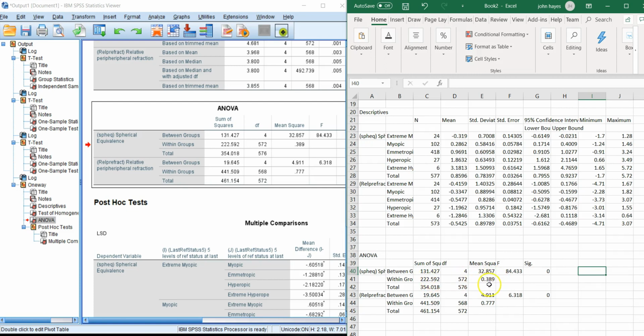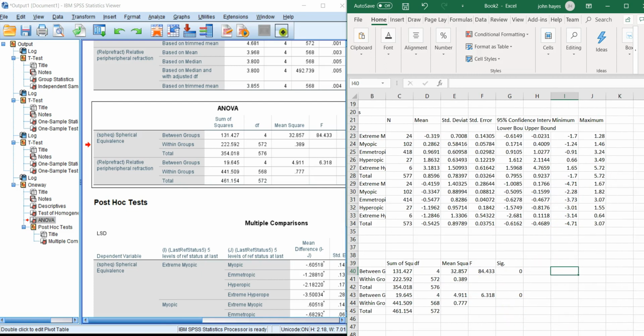The mean square error term is the within group variance. Since that's the variance, and variance is equal to the standard deviation squared, if we take the square root of that, we get the estimate of the standard deviation.